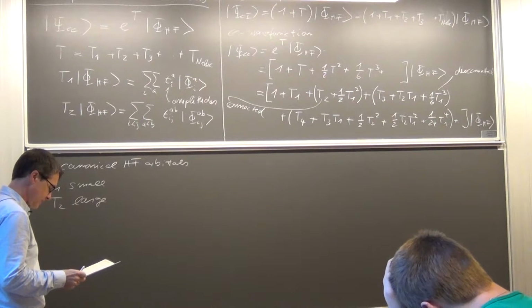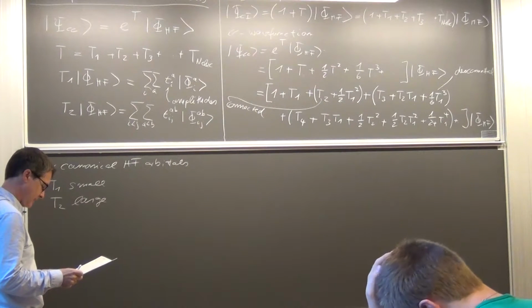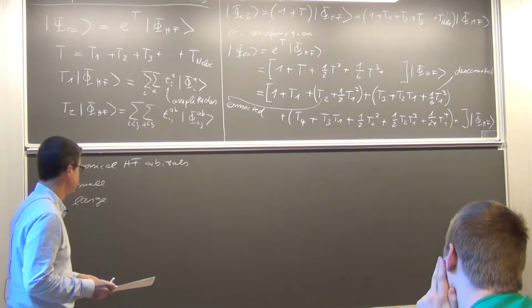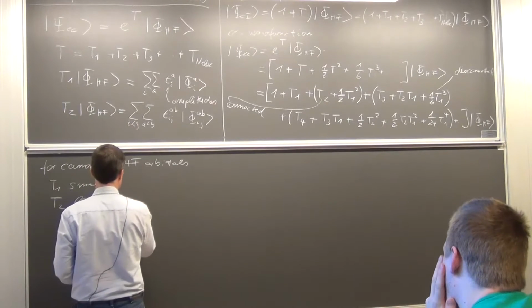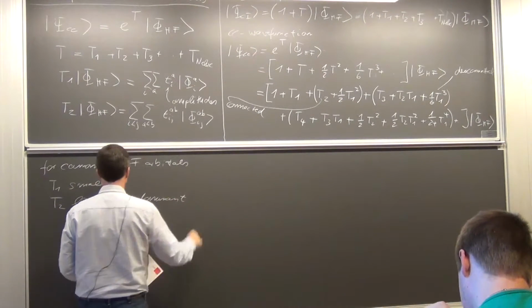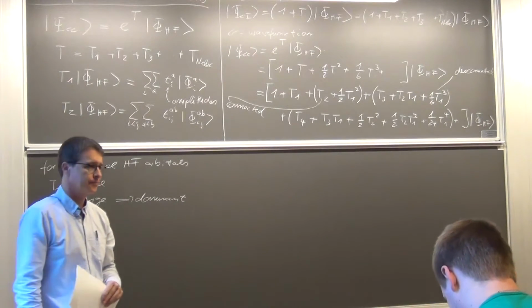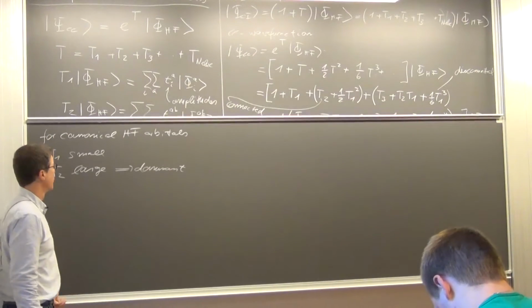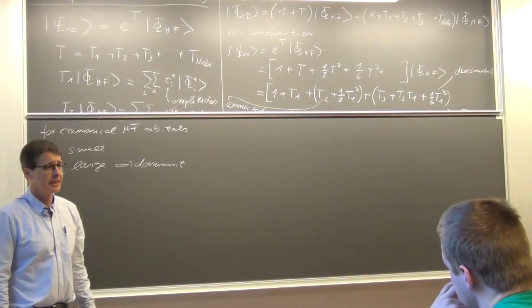If we then look, what is the next important contribution? So this is large, and this is the overall dominant contribution. And we will see another argument a bit later why the doubles are the most important one. What do you think is the next one?